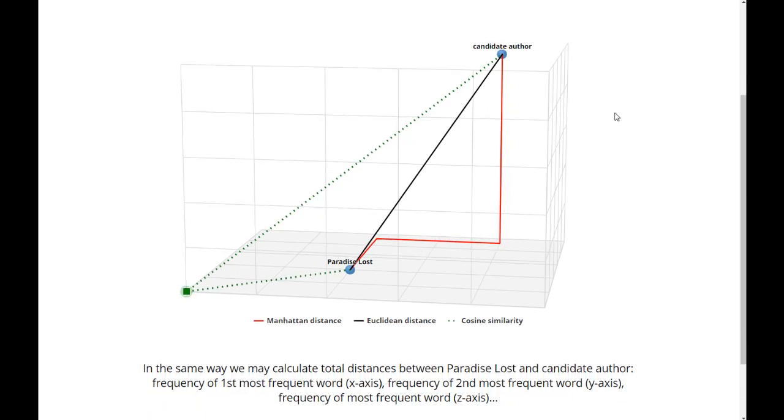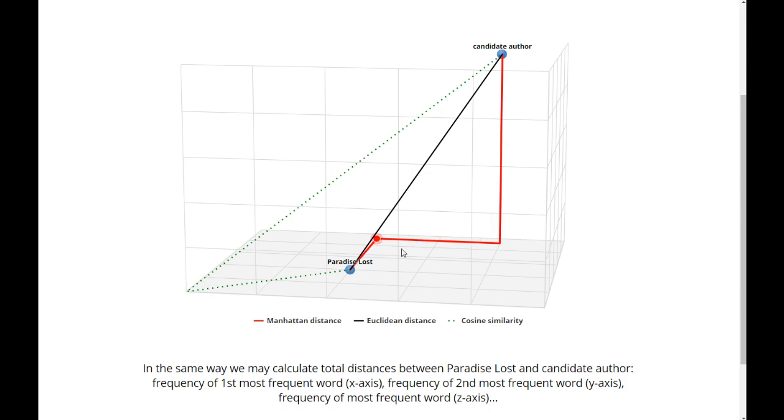Now, if we stop thinking about the buildings in Manhattan and imagine each point as a data point with the values of the first, second and third most frequent word in a corpus, Paradise Lost or a candidate author, we get this precise method of how to count it.